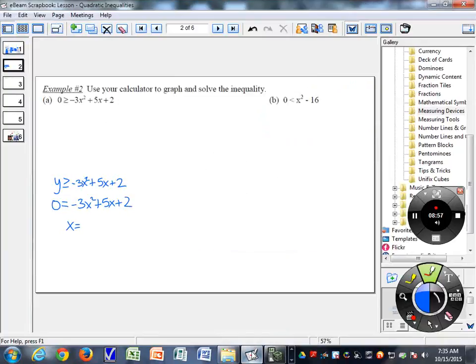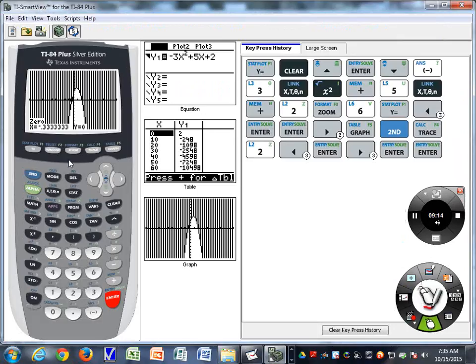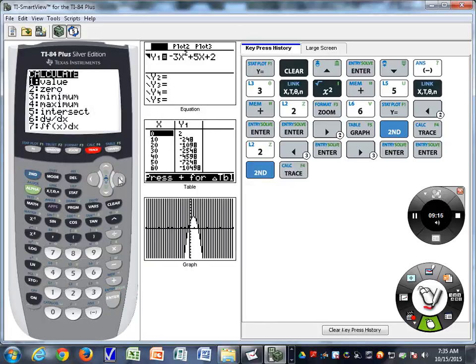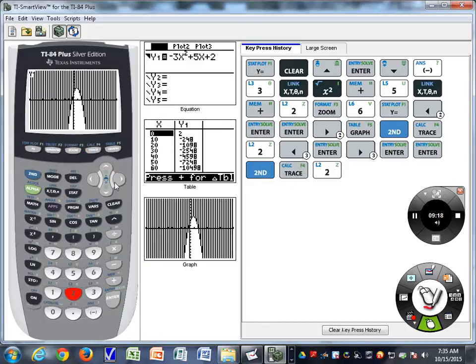And so I'm going to go ahead and record that. One 0 is negative 0.3. The other 0, the other place that it crossed the x-axis, I need to calculate that as well, so I'm going to go through the same actions.